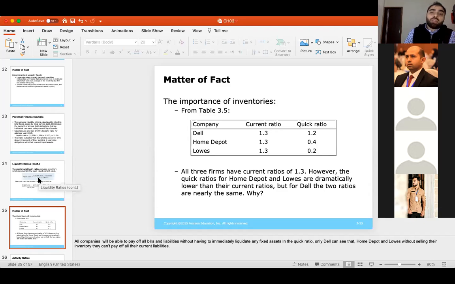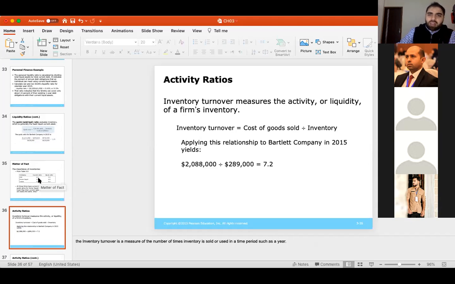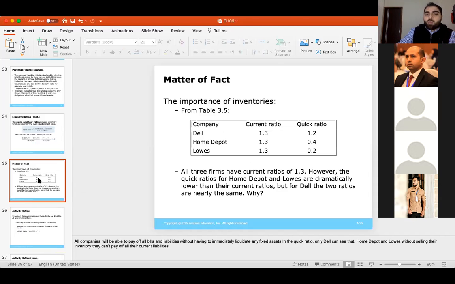But according to the quick ratio, of course, we can say that Dell is the best company according to the liquidity ratios, because it can settle or pay off all of its current liabilities in a better way. So it doesn't require more than the current liabilities it has.